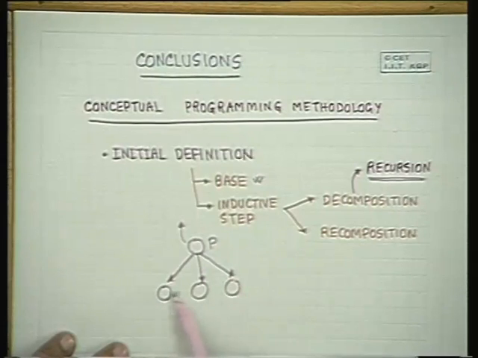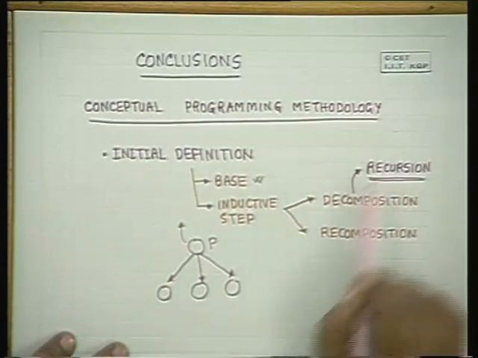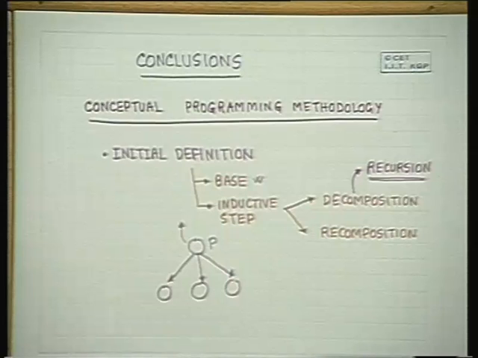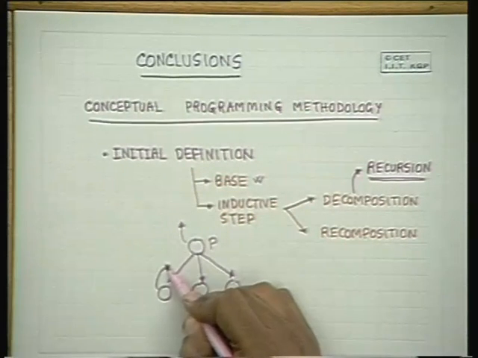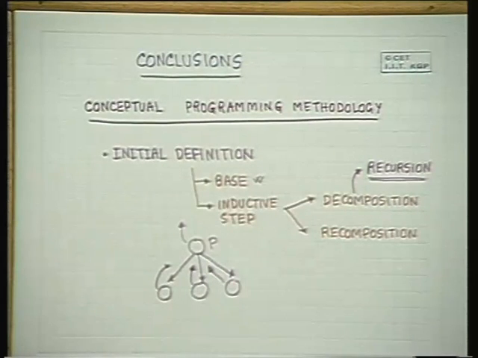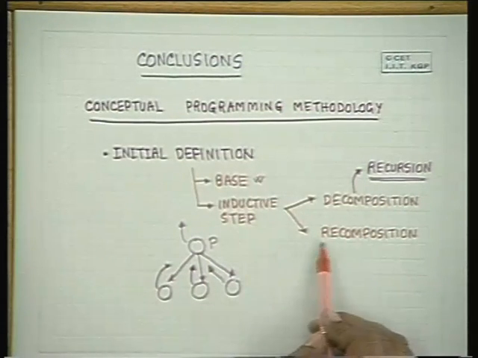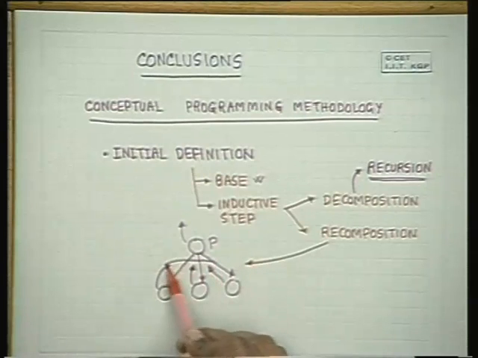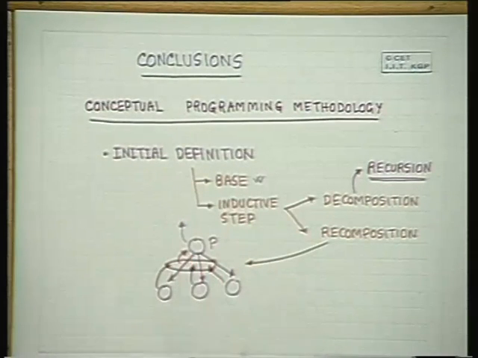We obtained solutions to these subproblems in the same recursive manner, and then these provided their solutions, and then we had this recomposition step here, and then we solved the problem. So this was our initial definition, a definition by which we were able to define some solution to the problem.